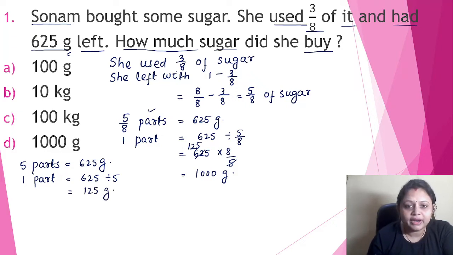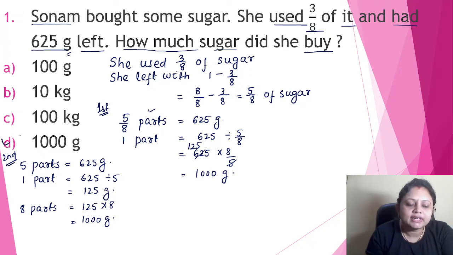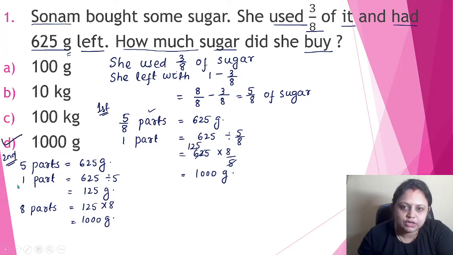So we have total 8 parts, right? So 8 parts is equal to 125 into 8, that is equal to 1000 gram. So you can follow either of the methods. It is the first method, it is the second method. So the correct answer is option D, that is 1000 gram.